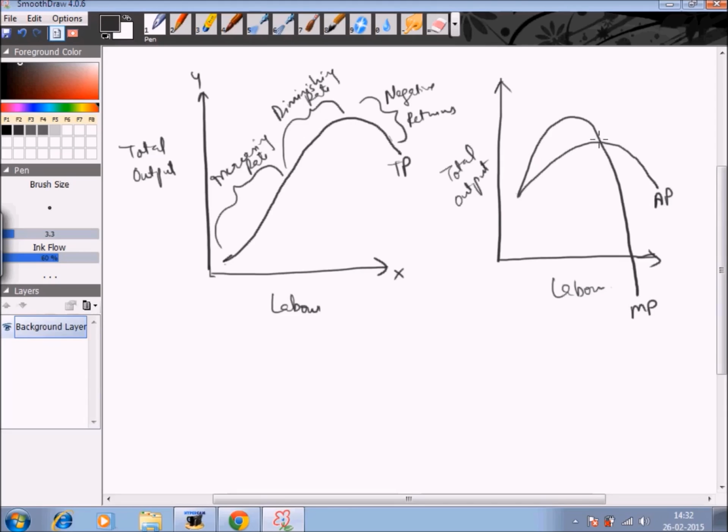And we can also see that the marginal productivity curve cuts the average productivity curve at its maximum point. So this is the effect on the marginal productivity curve and the average productivity curve.